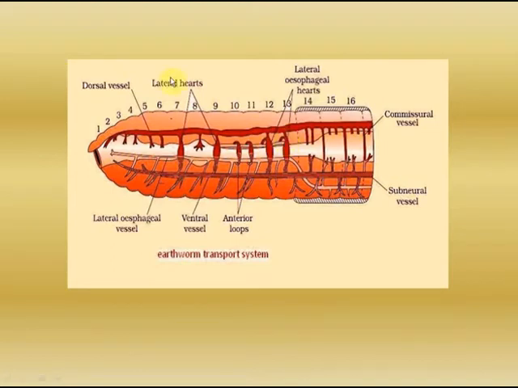Lateral hearts pump blood from dorsal vessel to ventral vessel, and lateral esophageal hearts send blood from dorsal and supraesophageal vessels into ventral vessel. This is commissural vessel. 2 pairs of lateral loops and 2 pairs of anterior loops are present. Commissural vessel pours blood into dorsal vessel. So, this is all about the circulatory system of earthworm.